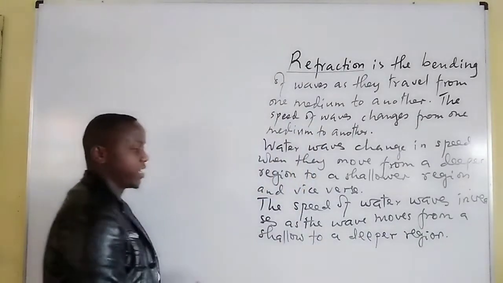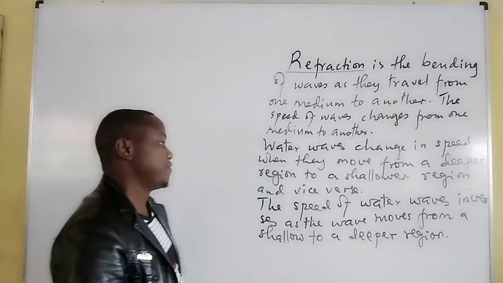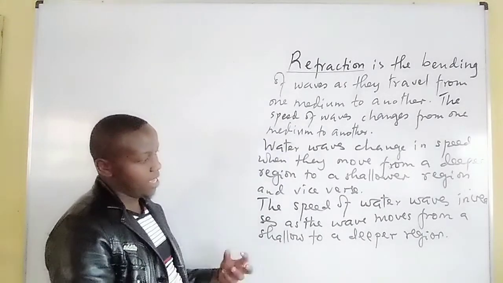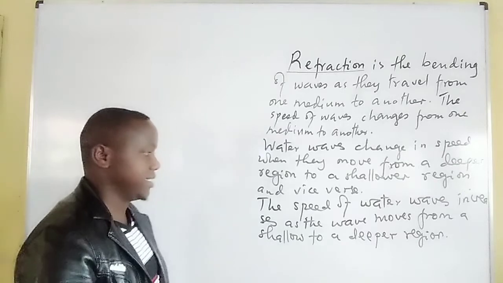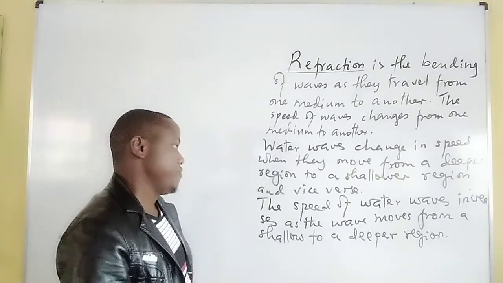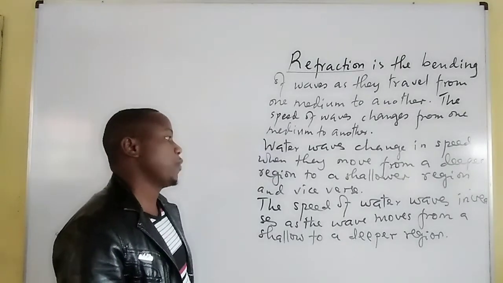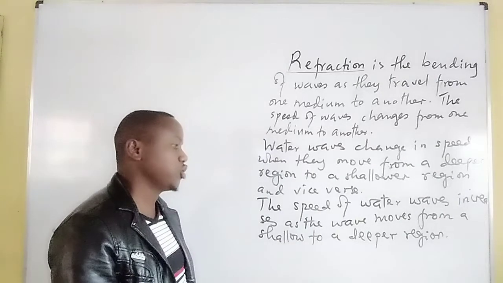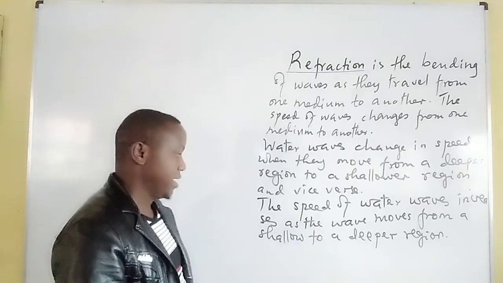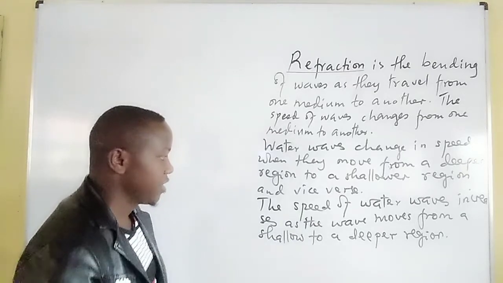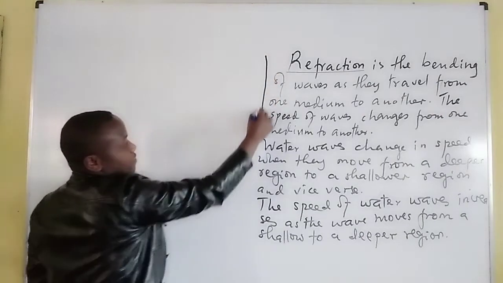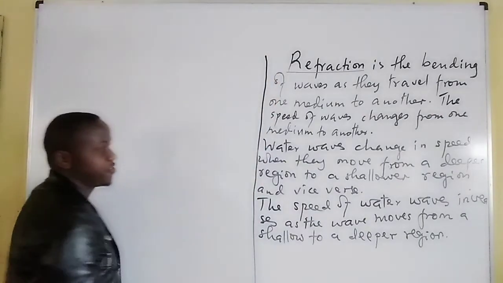From a shallow to a deeper region, the speed of water waves increases. The inverse is true. We will say that water waves decrease in speed when they are moving from a deeper region to a shallower region.